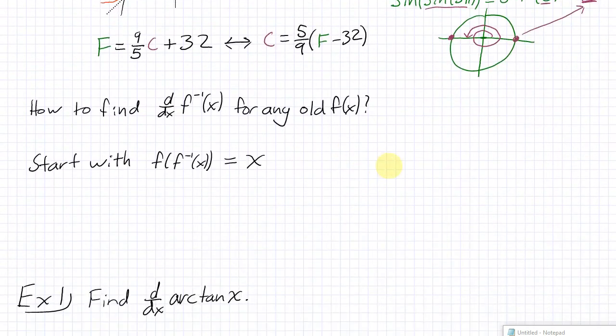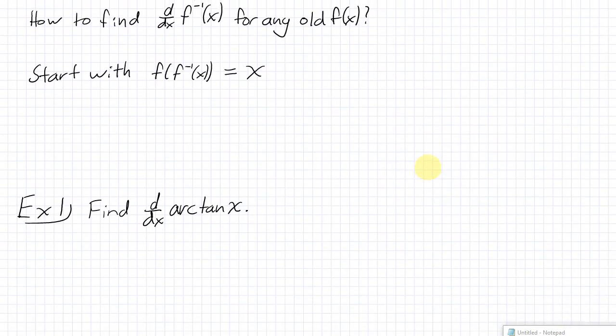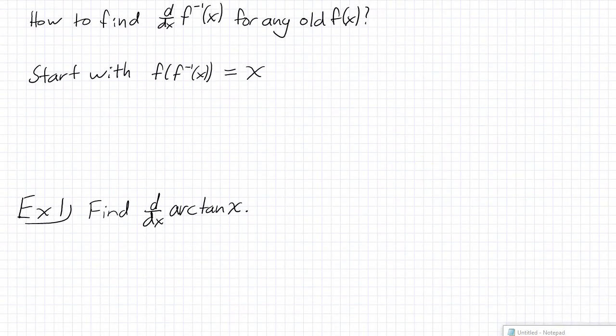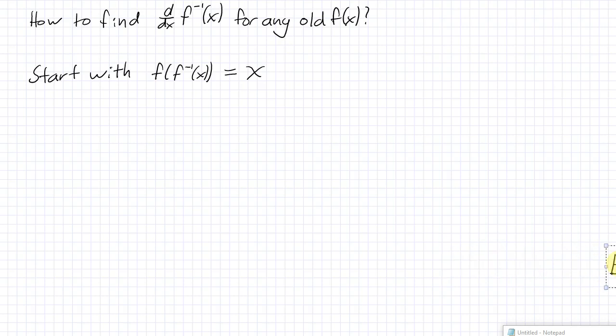And so let's go over a method for how to find the derivative of any old inverse function for whatever your original function is.